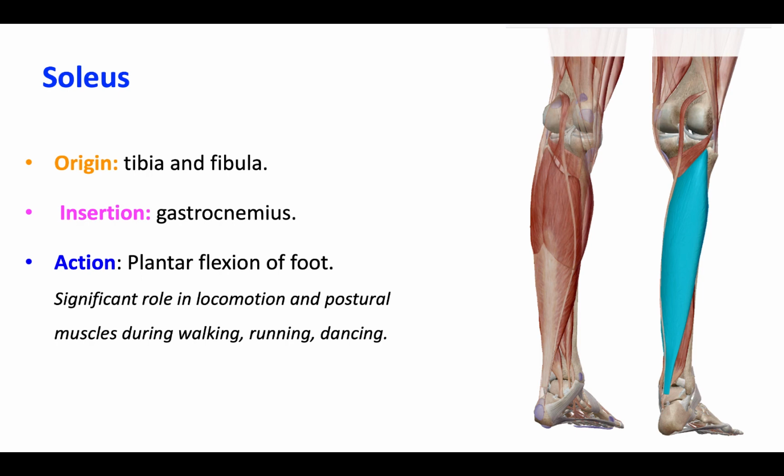The action of this muscle is plantar flexion of the foot. And of course it has a significant role in your locomotion, your posture during walking, running, dancing. That's why it's so important to stretch before exercising.